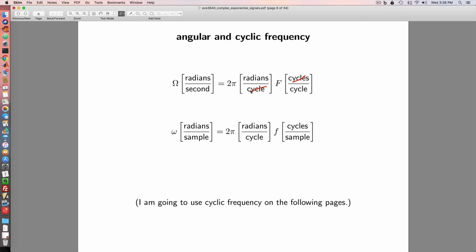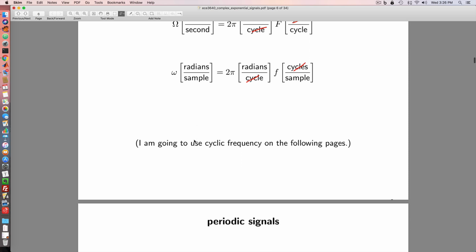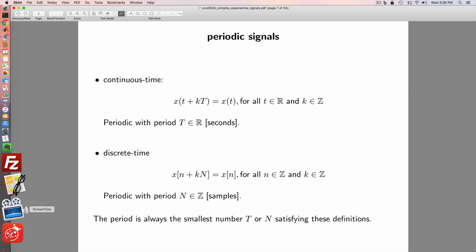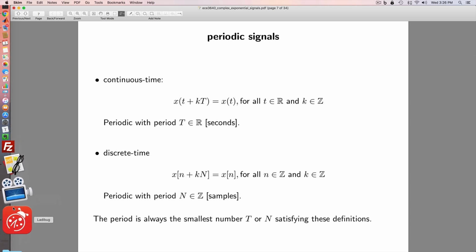So there are 2 pi radians per cycle, and so we end up with radians per second for the units of capital omega, the continuous time angular frequency. Discrete time angular frequency is lowercase omega, and we would have radians per sample because we have cycles canceling here. So 2 pi radians per cycle times cycles per sample, and we would end up with radians per sample. As we'll see in the rest of these slides, I'm going to deal mostly with units of cyclic frequency.